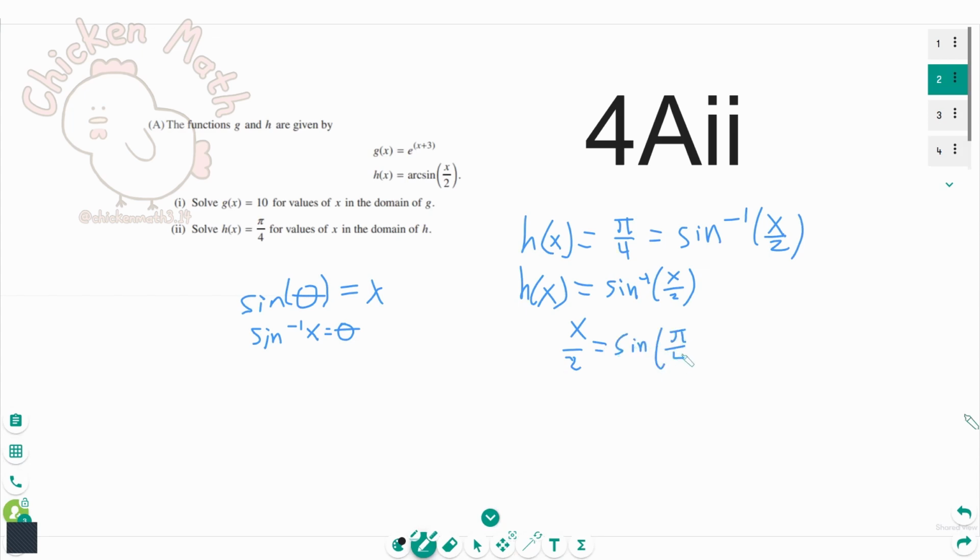Basically, we just use the property on the left and plug in the values on the right. Now that we know that, we just multiply by 2 and solve for x. Sine of pi over 4 is just root 2 over 2. So x equals 2 times root 2 over 2, or root 2. So x equals root 2.